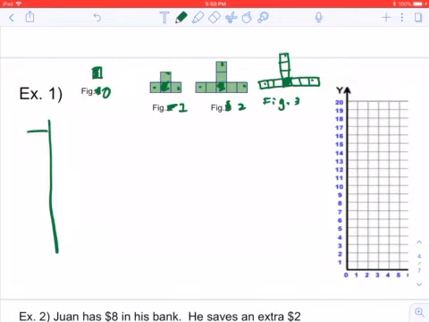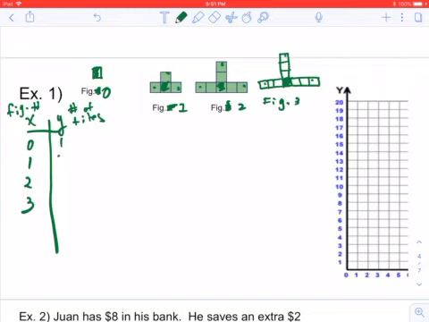Okay, second way is with our table. So table, remember, we're going to label. We have figure number, and we have number of tiles. It's all sounding familiar now? So we've got 0, 1, 2, and 3 for our figure numbers. So figure 0, we have 1.